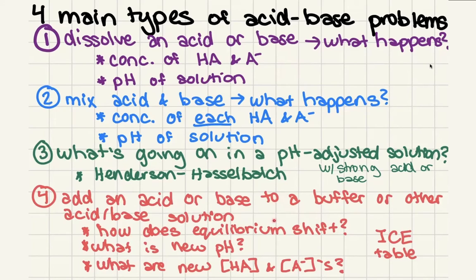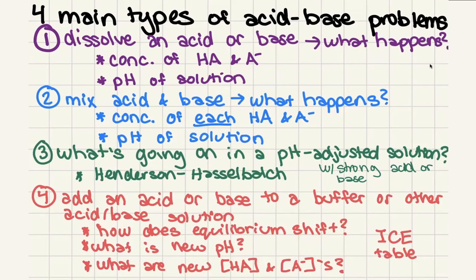We'll have some initial ratio of our acid and our base, and therefore some initial concentration of protons and our pH. But if we add an external acid or base, then we can shift that pH. And if we shift the pH, we change the concentrations of our acid and our base, and then we can calculate that as well.